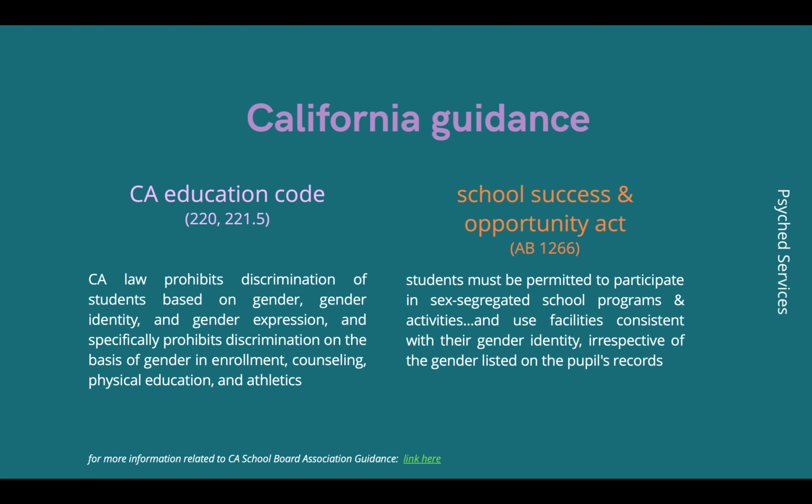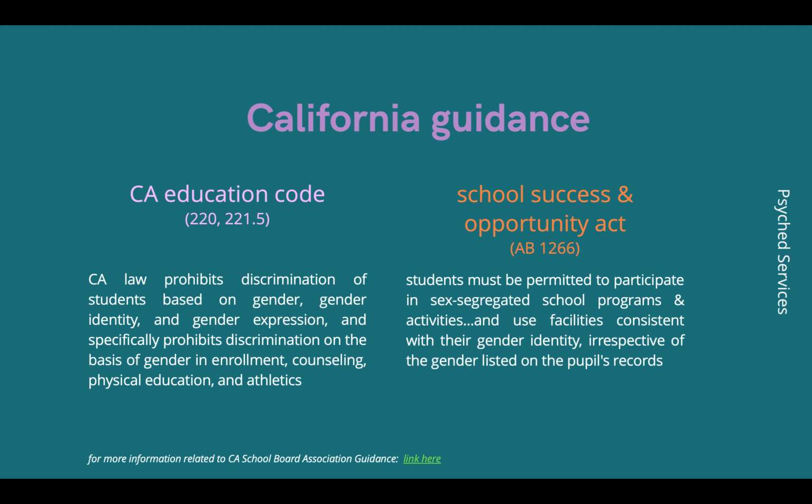Many of you are probably familiar with AB 1266, which gives a lot more detailed guidance. One of the highlights, and something that is often mentioned, is the part that talks about students being permitted to participate in sex-segregated school programs and activities and to use facilities consistent with their gender identity.